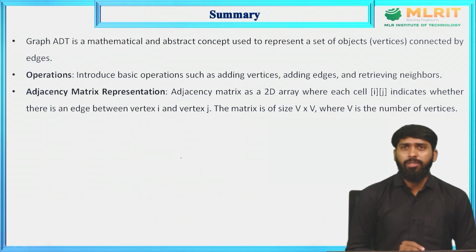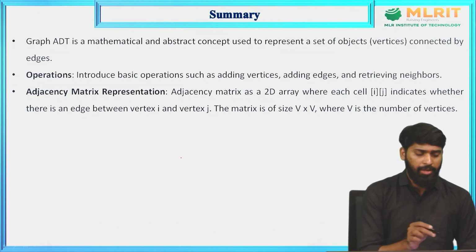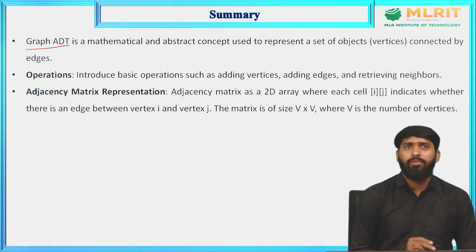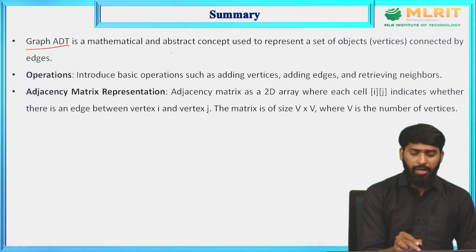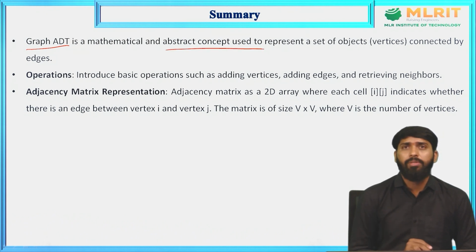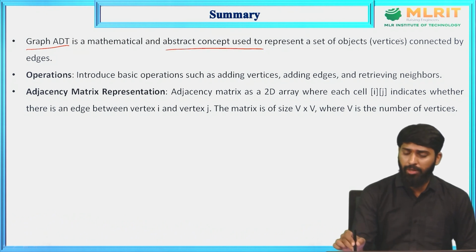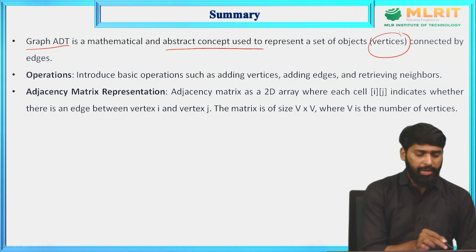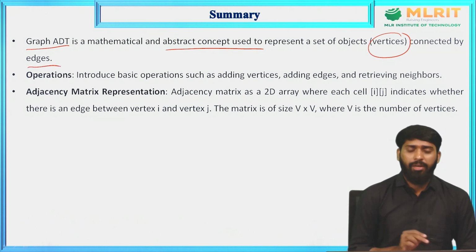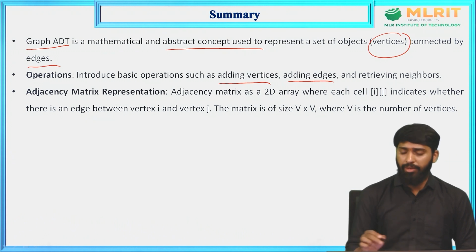Summary of this session. In this session, we learned the graph ADT. A graph ADT is a mathematical and abstract concept used to represent a set of objects, here the vertices, connected by edges. We learned adding vertices, adding edges and retrieving neighbors.